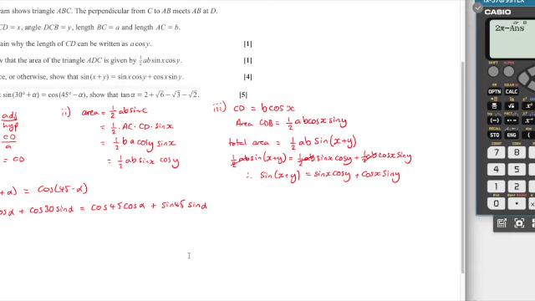Sine 30 is a half, so that is cos alpha over 2. Cos 30 is root 3 over 2. Cos 45 is the same as sine 45, which is root 2 over 2.